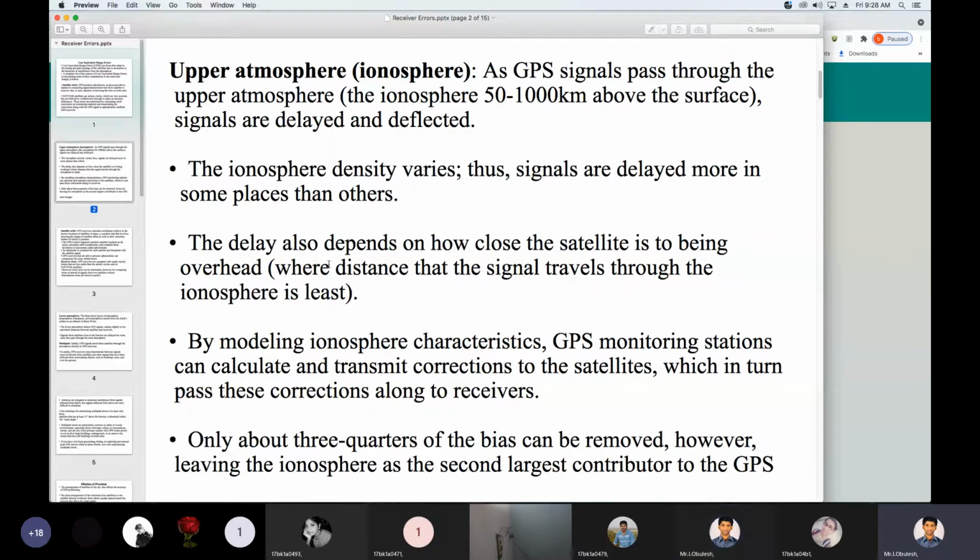The delay also depends on how close the satellite is to being overhead, where the distance that the signal travels through the ionosphere is least.